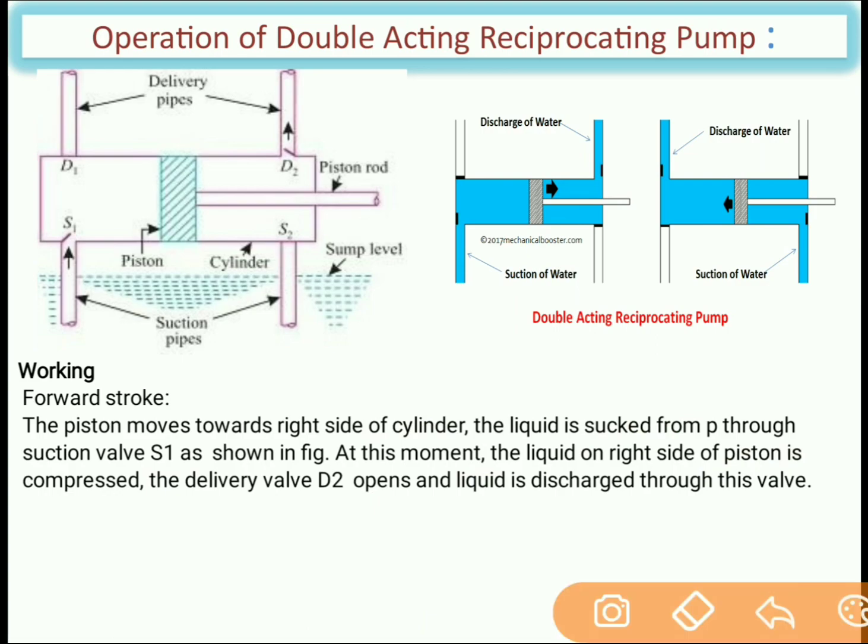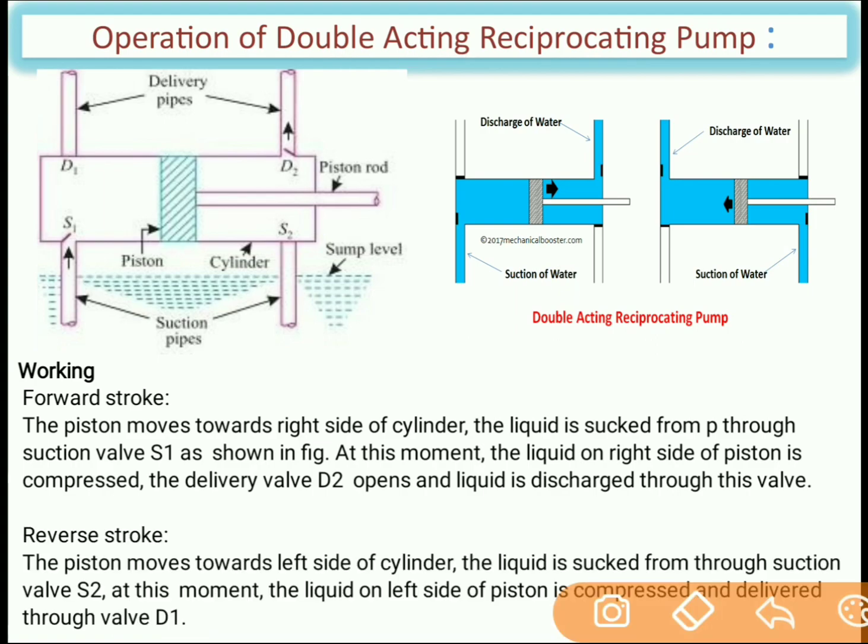So in a single stroke, we are getting suction also and discharge also. In the forward stroke we are getting discharge through this pipe, and in the reverse stroke we are also getting discharge through the second delivery pipe. So in the double acting reciprocating pump we are getting continuous discharge either through this pipe or through this pipe.